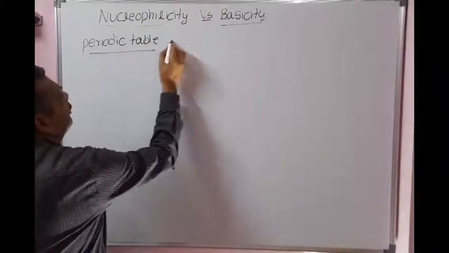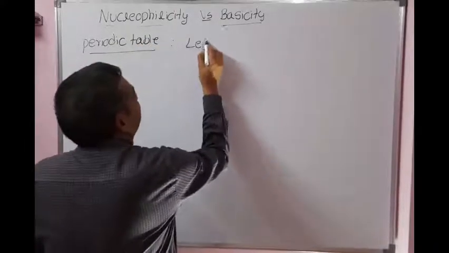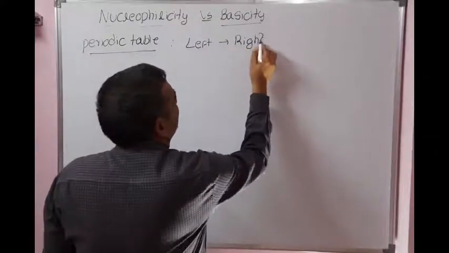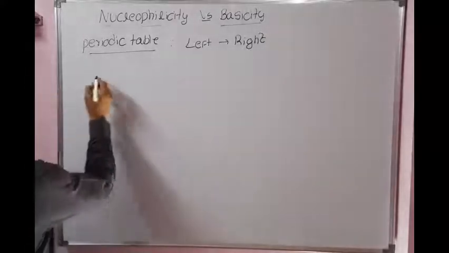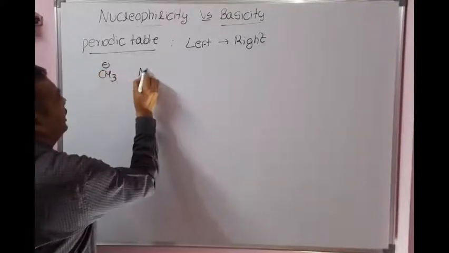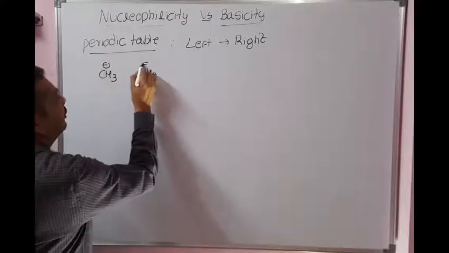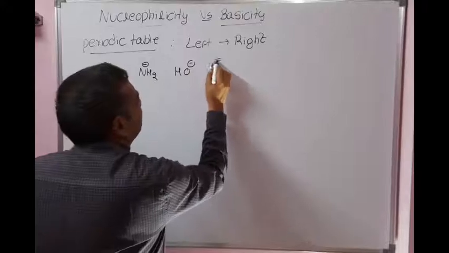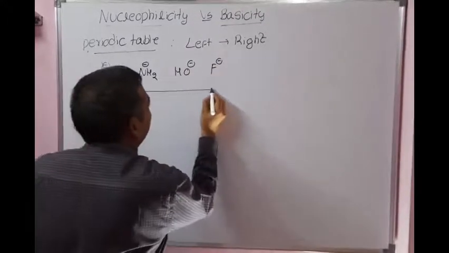First we will see from left to right in the periodic table. For example, CH3 minus, NH2 minus, OH minus and F minus. From left to right in the periodic table.